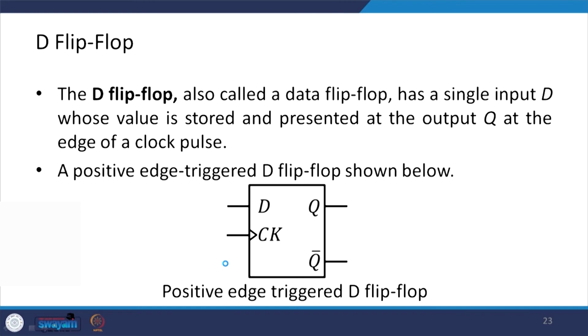Here we have a D flip flop. The D flip flop, also called a data flip flop, has a single input D whose value is stored and presented at the output Q at the edge of a clock pulse. A positive edge triggered D flip flop is shown over here.